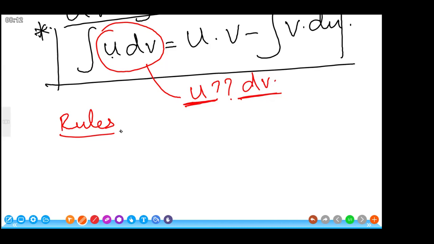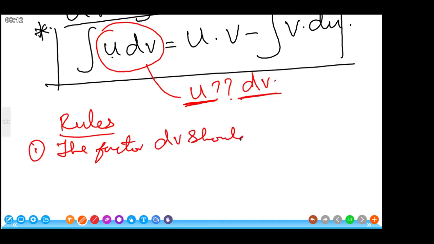The first rule says the factor dv should be selected first.